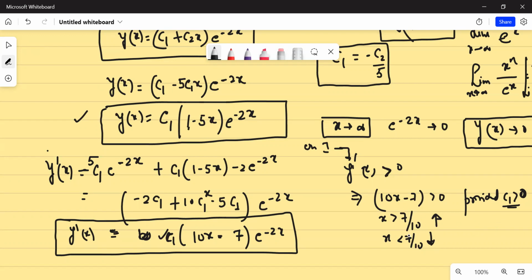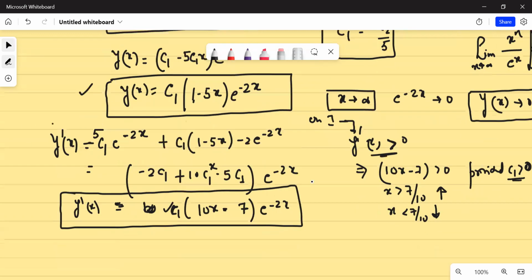If c1 is positive, then if x is greater than 7 by 10, my function is increasing, and if x is less than 7 by 10, my function is decreasing. Similarly, if c1 is less than 0, then for all x greater than 7 by 10, my function is decreasing, and for all x less than 7 by 10, my function is increasing. Is that clear?